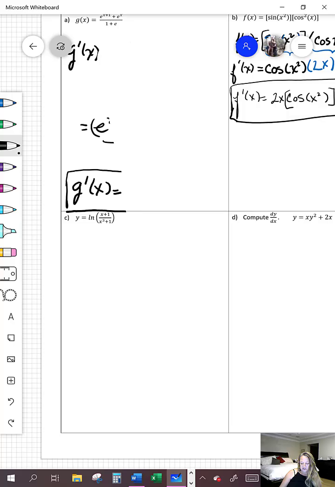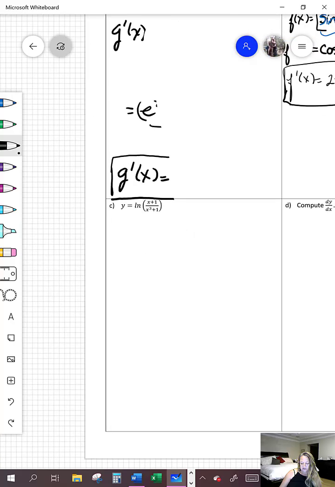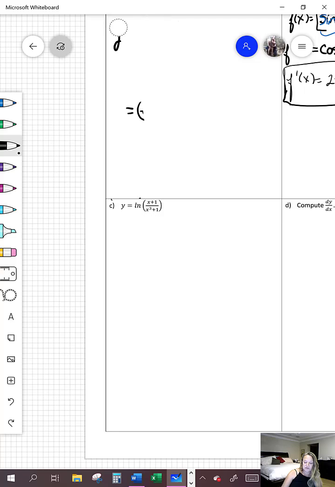So looking at the derivative of y equals the natural log of the quantity x plus 1 all over x cubed minus 1. It would be easier if you first rewrite that using properties of logs. And if we have a log of a quotient, we can rewrite that.